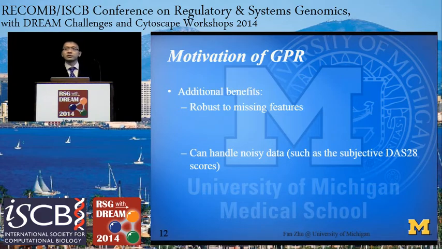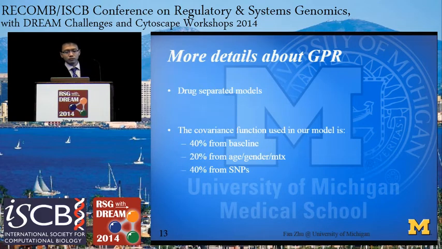So the noise tolerance of Gaussian process regression is exactly what we want. As the drug are the most important predictors, we first separate all the samples into drug-specific groups and build different models for different drug groups.